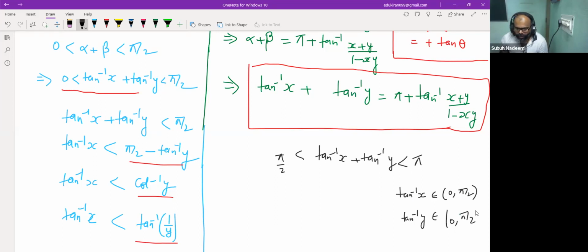So if we add the upper limits, it will be pi. But what about its lower limit? So pi by 2 is less than tan inverse of x plus tan inverse of y. We can write it like this.